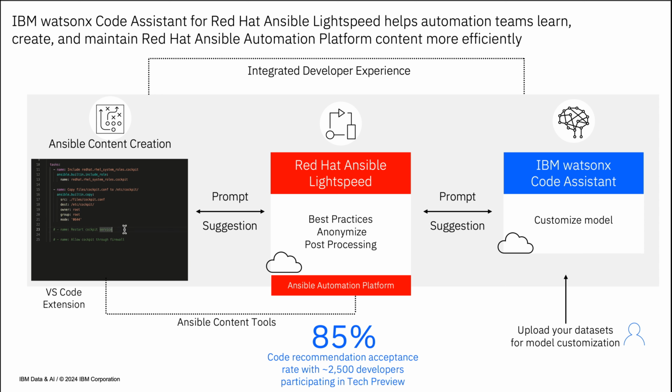There are some further strengths. For example, you can have this code assistant deployed as a SaaS and also as an on-premise deployment, which may be interesting for some. You can also customize the foundation model to suit your specific needs.